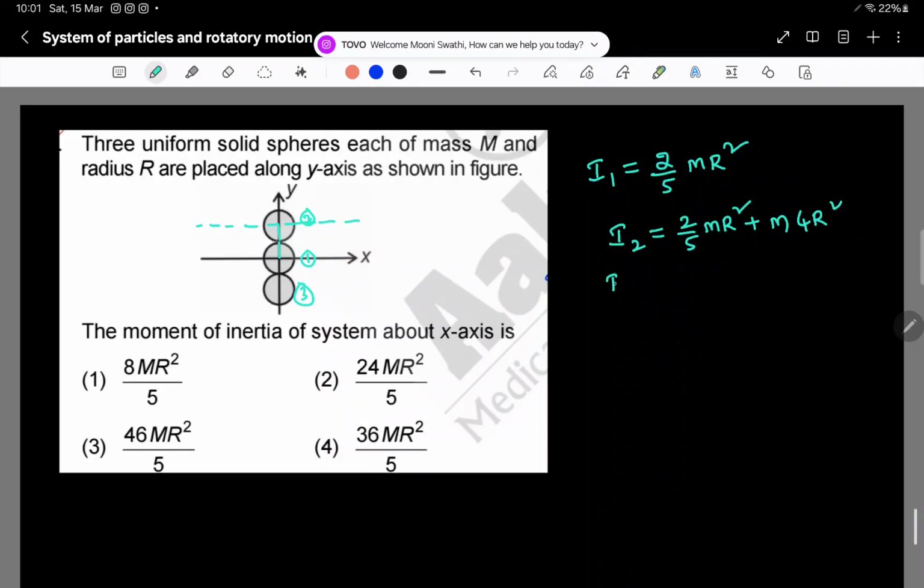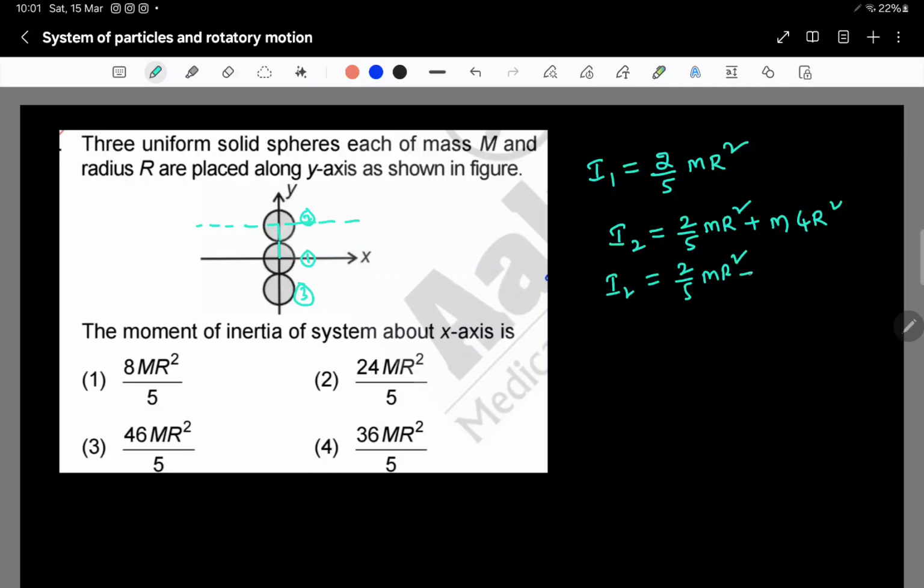So I2 equals 2 by 5 mr square plus 4 mr square. That means 5 into 4 is 20, plus 2 is 22. So 22 mr square by 5 is I2. I3 is also identical, students, the distance is 2r only. So I3 is also 22 mr square by 5.